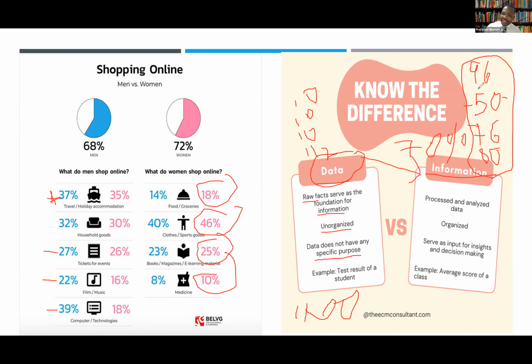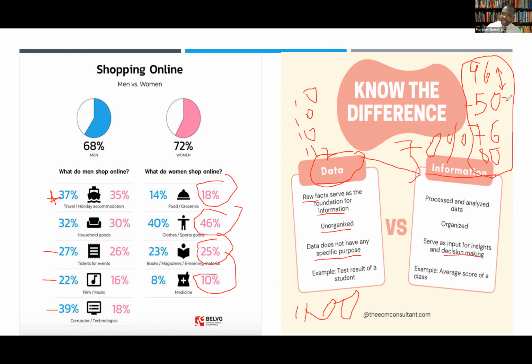I've organized it, meaning that I can put it in order from biggest to smallest or smallest to biggest. That's organizing the data. I am filtering it and sorting it out. It serves as an input for insights and decision-making.